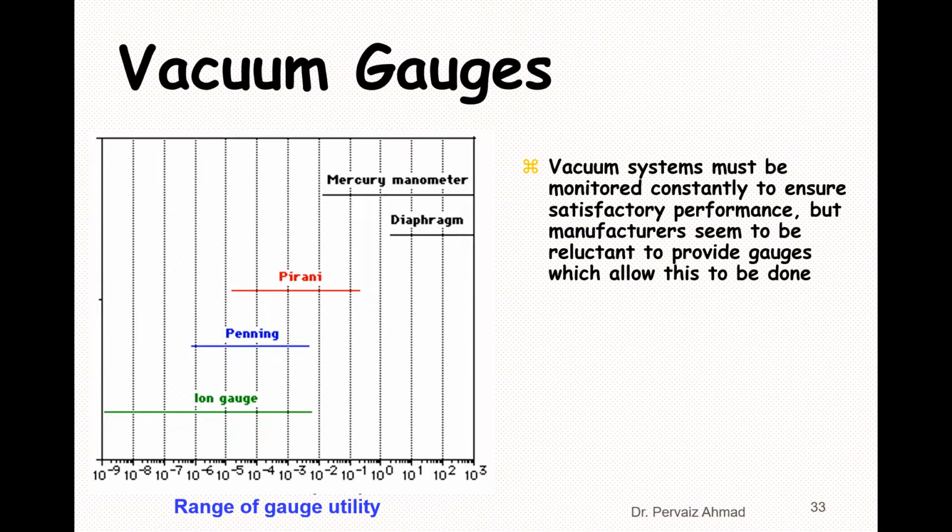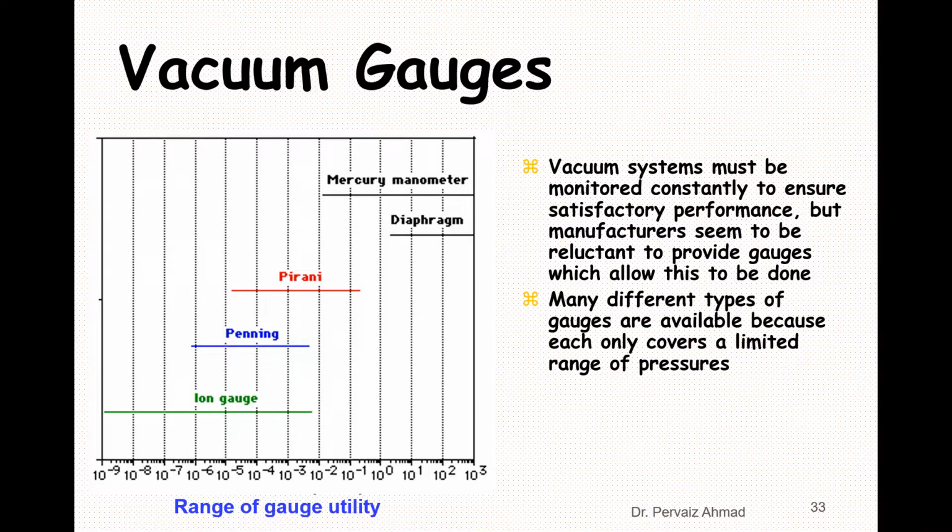So what are vacuum gauges for? What can vacuum gauges be utilized for? Remember, a vacuum system must be monitored constantly to ensure satisfactory performance, but manufacturers seem to be reluctant to provide gauges which allow this to be done. So what should we do?